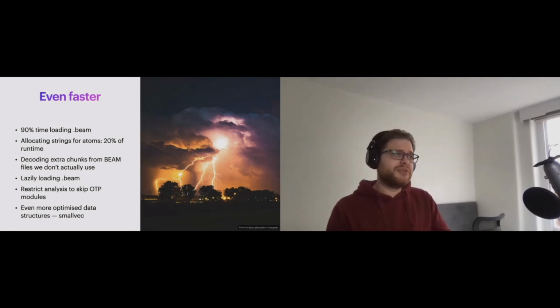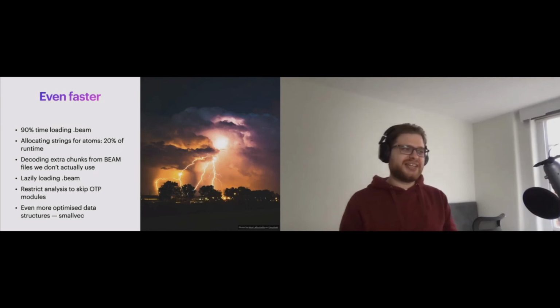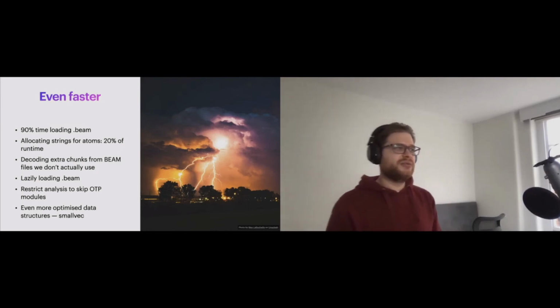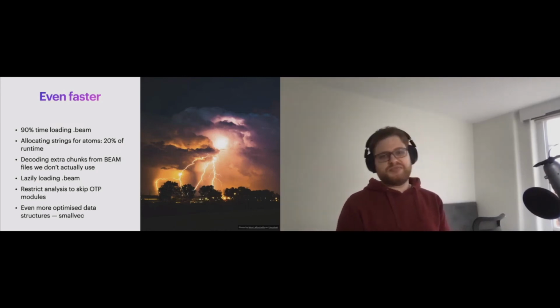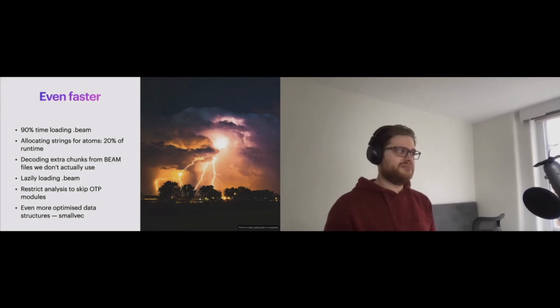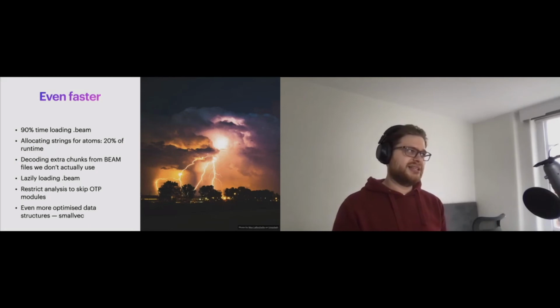This number, 200 milliseconds, includes analyzing the modules from the project, but it also includes analyzing all of the modules from OTP itself and all of the applications there. So we can restrict the analysis to only analyze what we're interested in, because we probably won't be fixing OTP anytime soon, right? It has its own tests and probably works just fine.